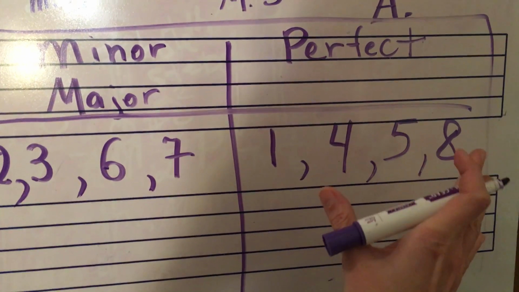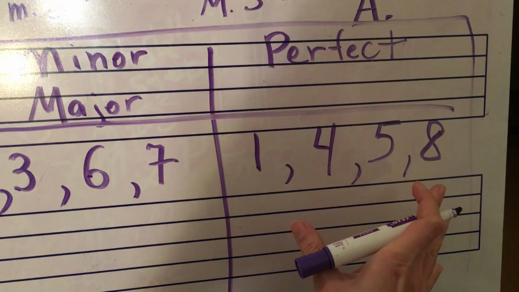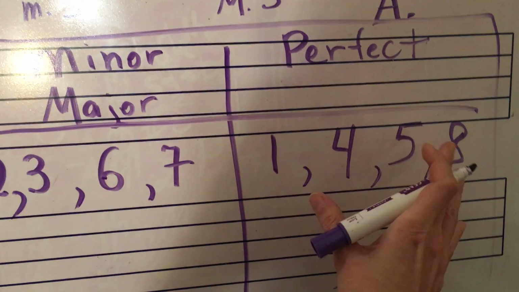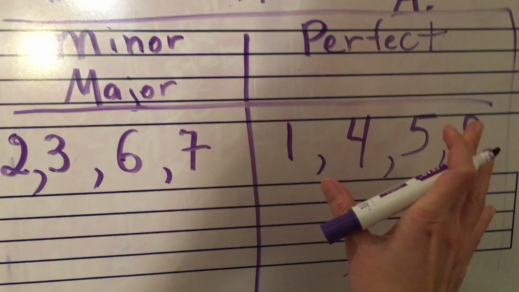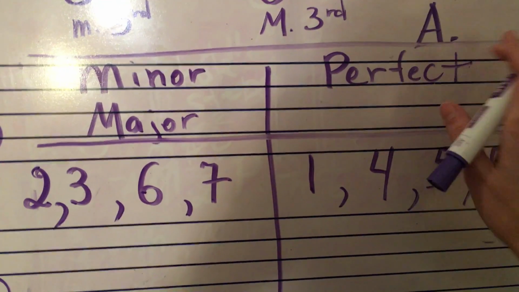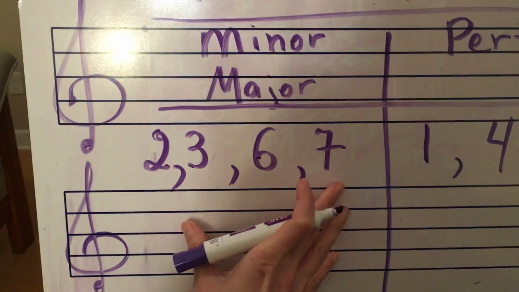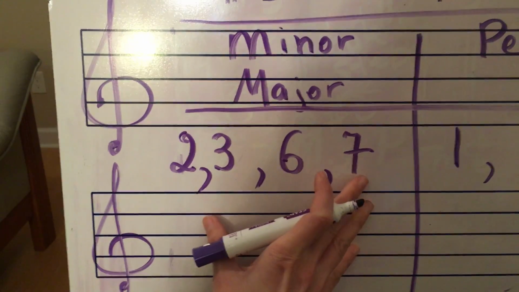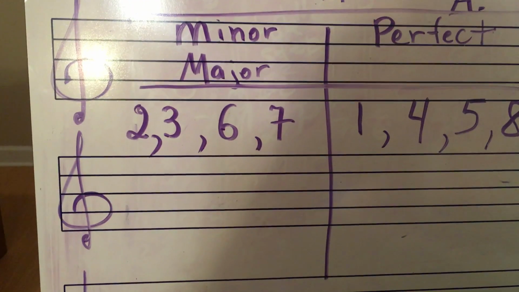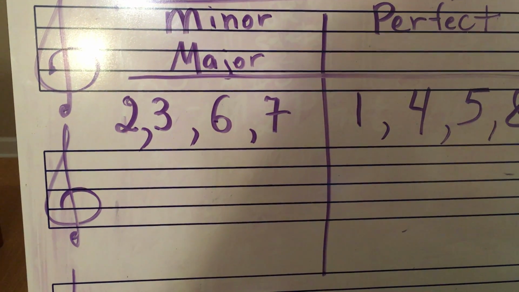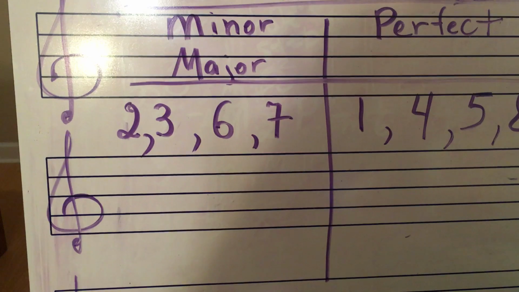So when we are talking about perfect, then we're talking about changing them into diminished or augmented. So this is where diminished and augmented will start. I'm not saying that these ones could be diminished or augmented. We'll talk about that later. But that's where we start in the beginning, in order to understand the concept of intervals.